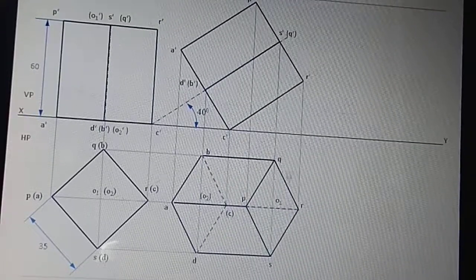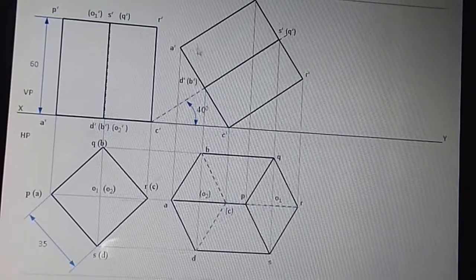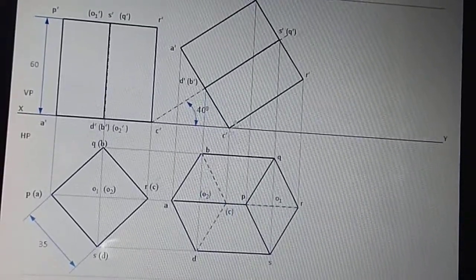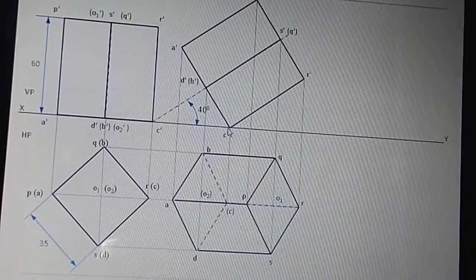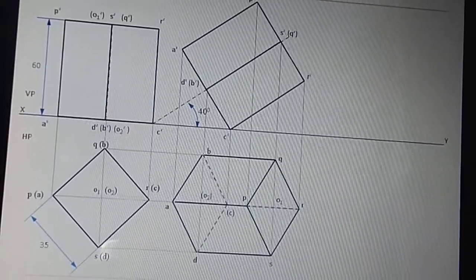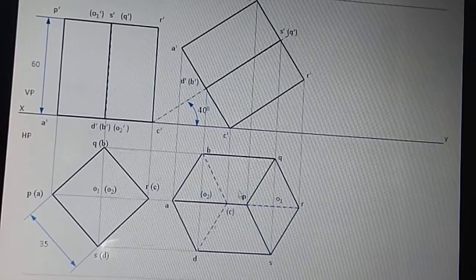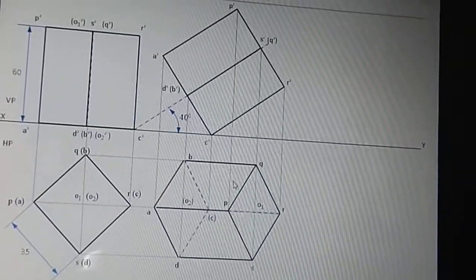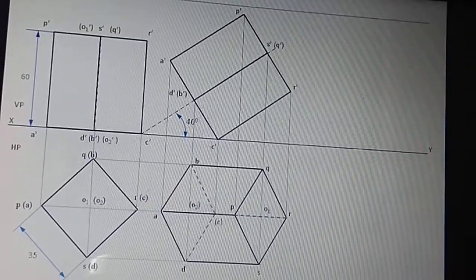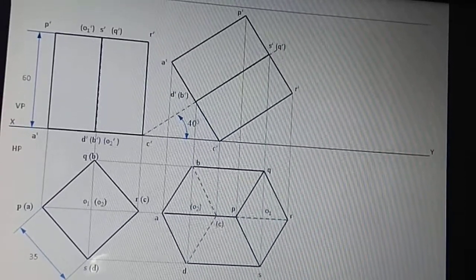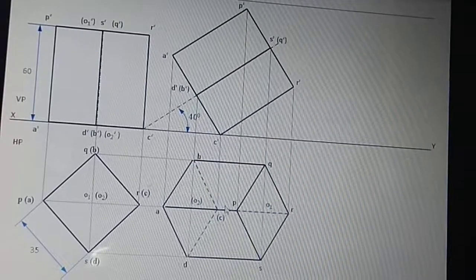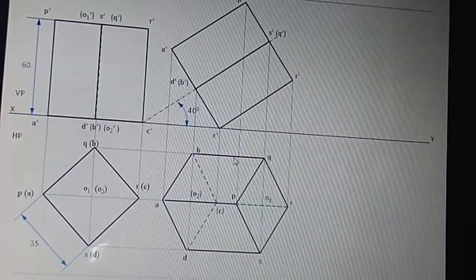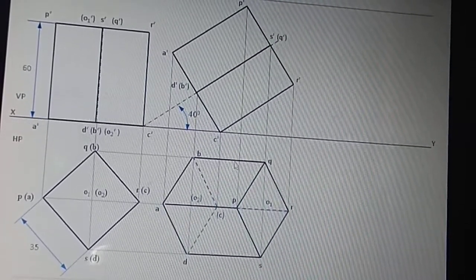That is P, Q, R, S are clearly visible, and the bottom face that is resting on the corner C is not visible, and the joining edges, that is CB and CD, are not visible when we draw the second position top view. Those edges are represented by dotted lines. Okay, this is the second position of the square prism in the top view.